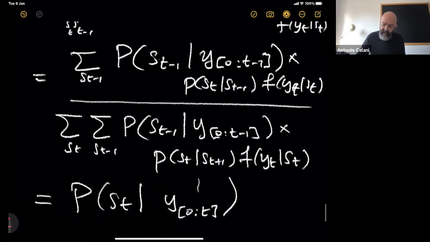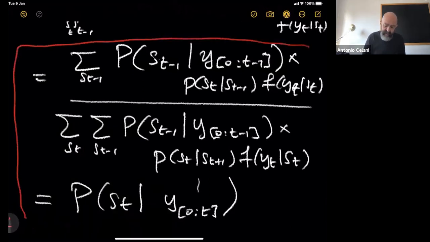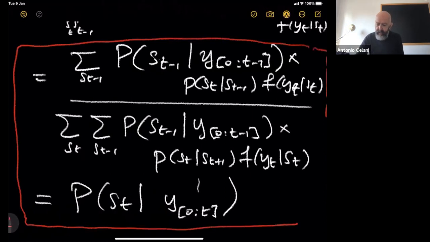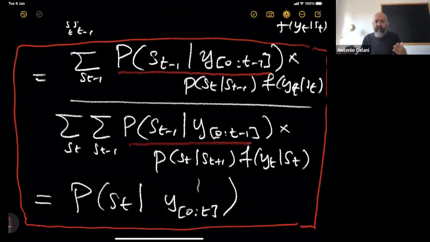Okay, so why are we happy now? Well, because this gives us a sequential rule to update our probabilities. If I have my probability of being in a certain state given the history of observations up to that time, I have it here and I have it here, I can combine it with my probability of transitions and with my probability of observations to get the new updated probability.